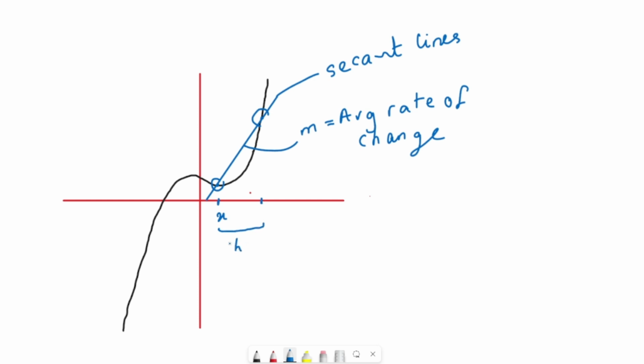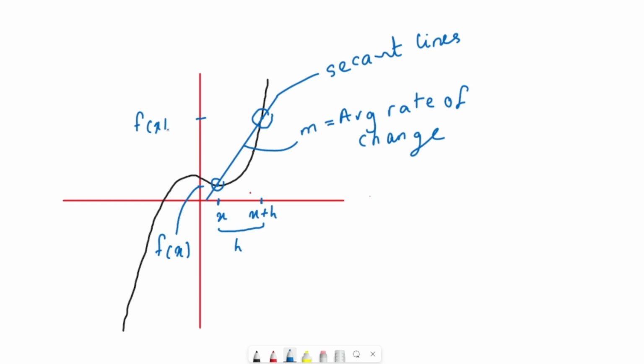So if I went out a distance h, then this point by that logic will be x plus h, right? So instead of writing the y coordinates as regular y coordinates, we'll write them in terms of f of x, how we write functions, right? So I'll write this as f of x, because this is x, and this was x plus h. So the y coordinate of the upper point will be f of x plus h.